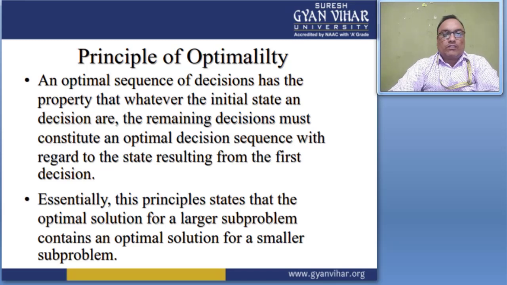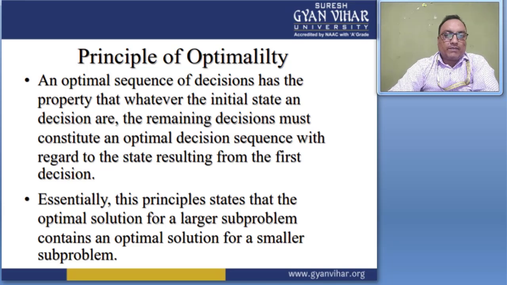An optimal sequence of decisions has the property that, whatever the initial state and decision are, the remaining decisions must constitute an optimal decision sequence with regard to the state resulting from the first decision.